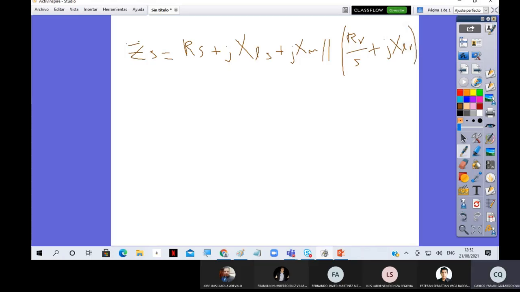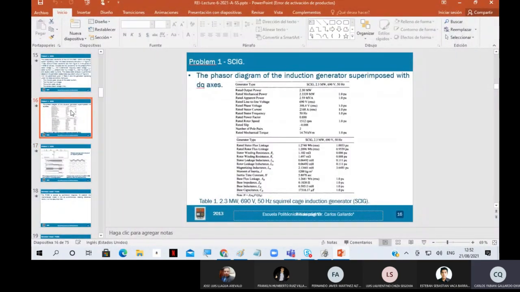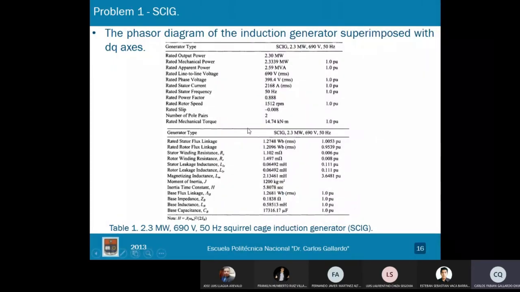Okay, so let's go back to the table. In this table, I have the whole data of the machine. For this case, I will need the stator resistance. This is the stator winding resistance, this value.